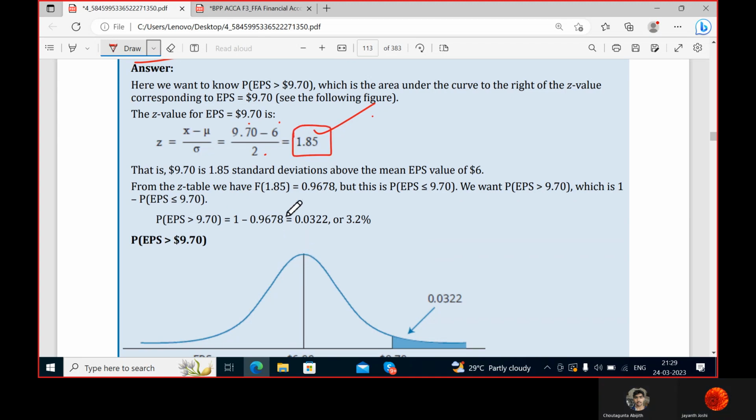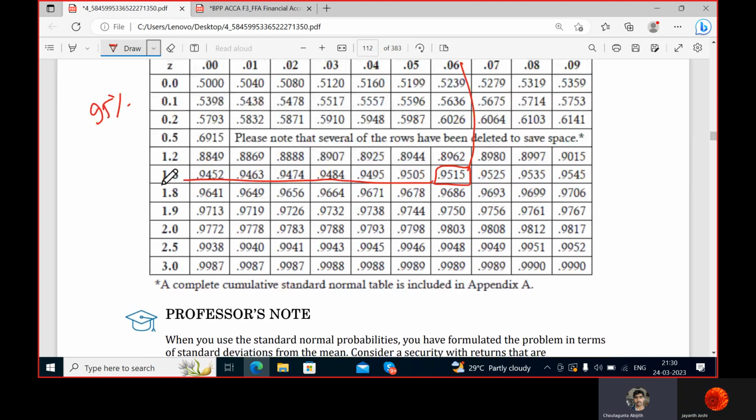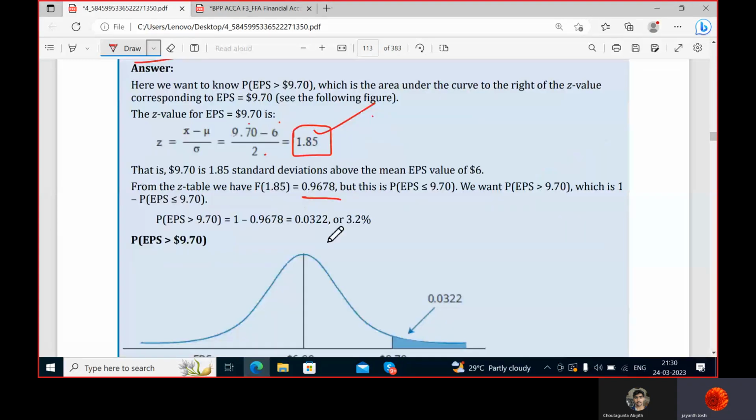Now we take 1.85 from the table. It comes to 0.9678. So what we have to do is 1 minus 0.9678, which will give the probability of EPS more than $9.70.